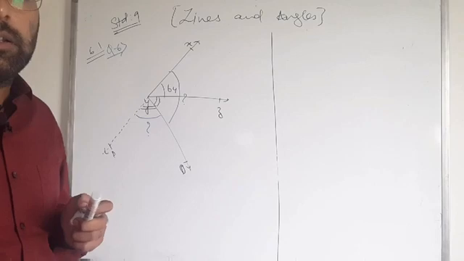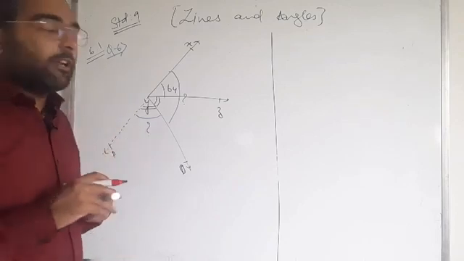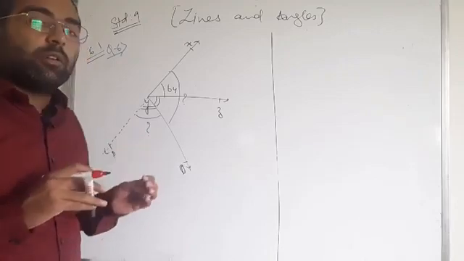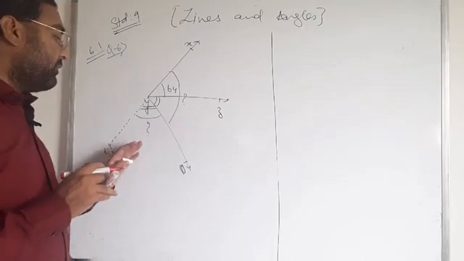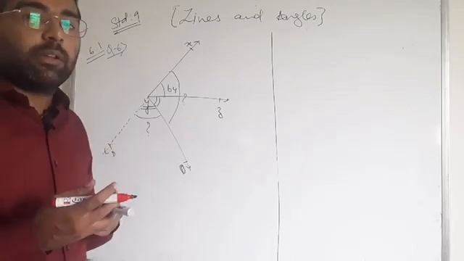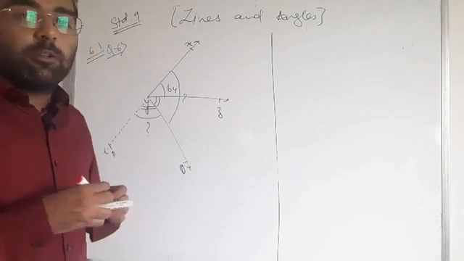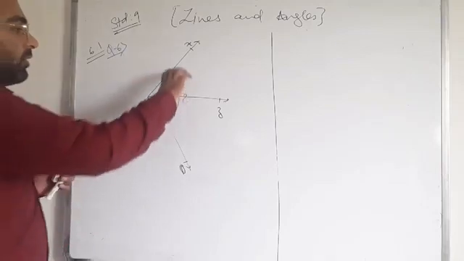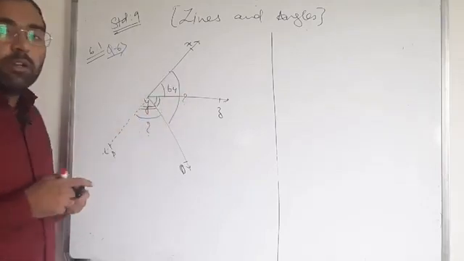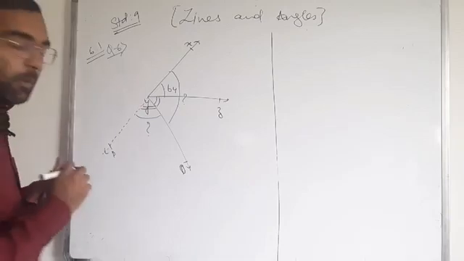After that we have to find the reflex of it, because from the first question we know any one angle, and we have to find its reflex. First we want that angle, then we subtract it from 360 degrees, so we get the reflex angle. So I want the whole of this angle and this part of the angle. Let's start.